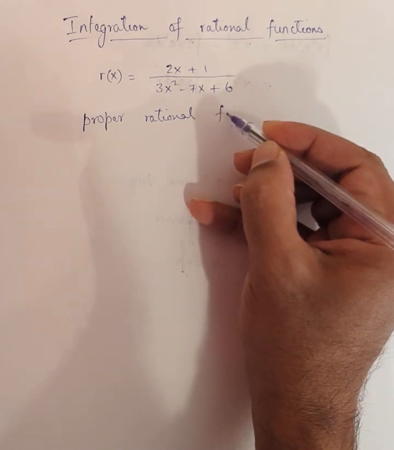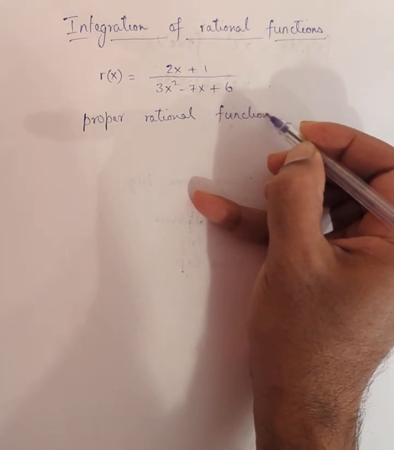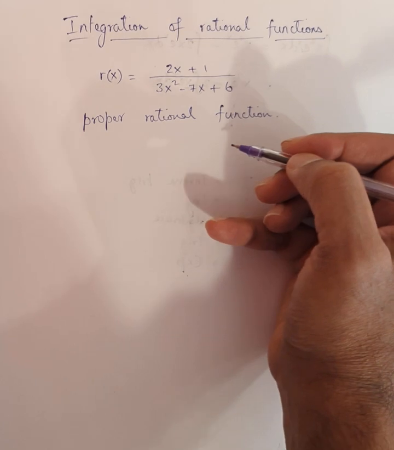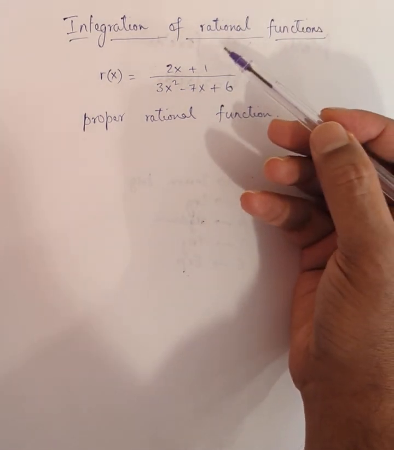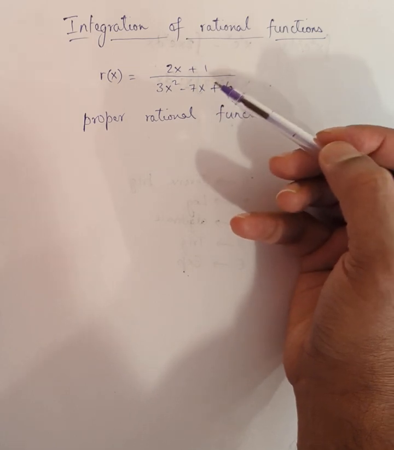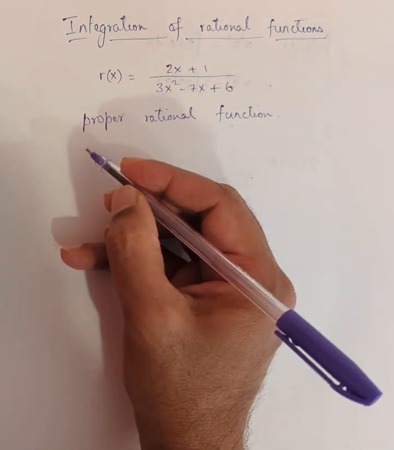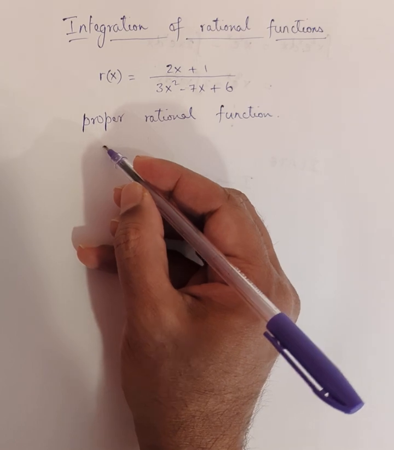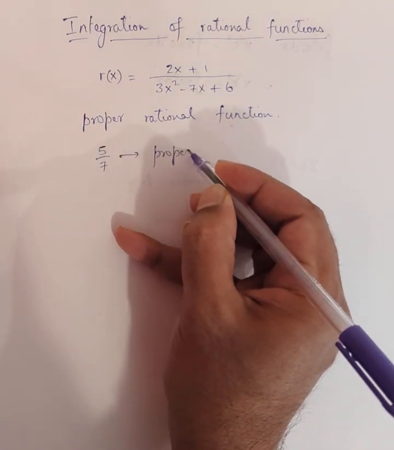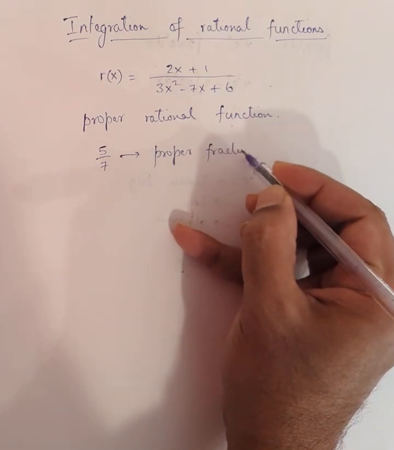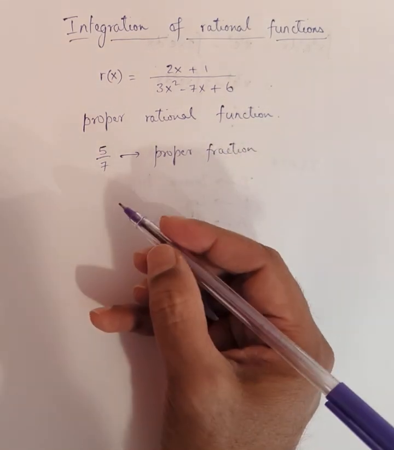Now, numbers and polynomials share a lot of common properties, and so do fractions and rational functions. When you look at a fraction like 5 over 7, you say that this is a proper fraction because the numerator is smaller than the denominator.